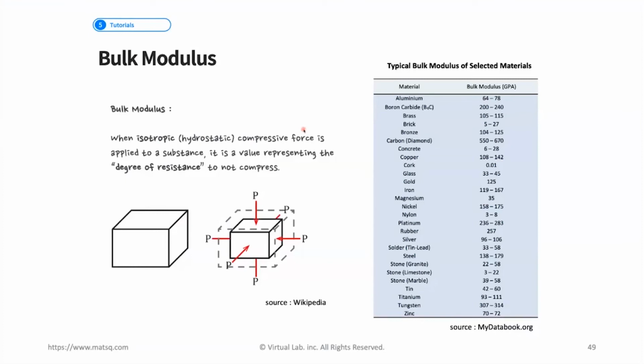And second, using the bulk modulus and structure, we are going to train and test the CGCNN. So the first part is high throughput for the bulk modulus, and the second part is CGCNN for the predictions.